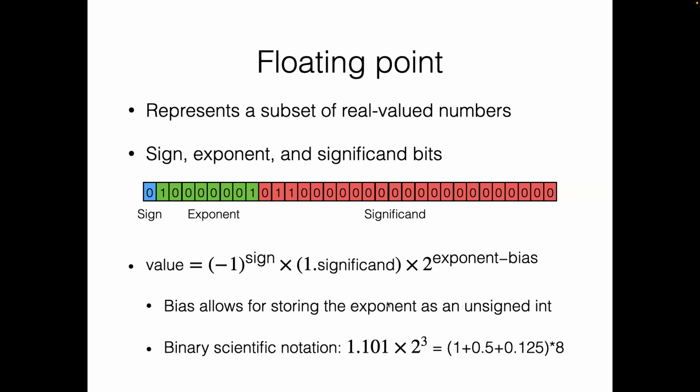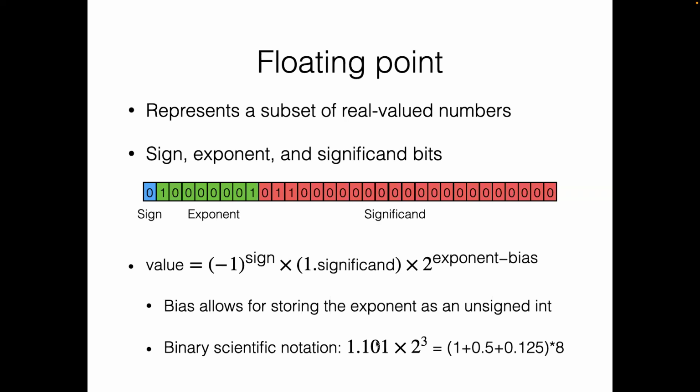So for instance, here if you have 1.101 times 2 to the third, then it doesn't actually mean 0.101. It means 1 plus 0.5, and then a 0. So this is 2 to the minus 1.